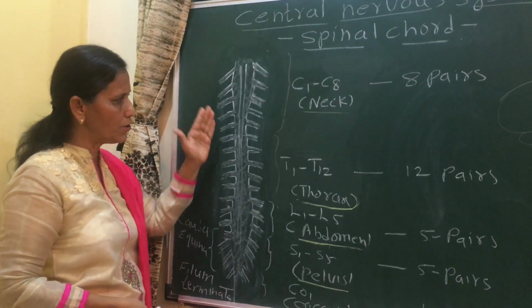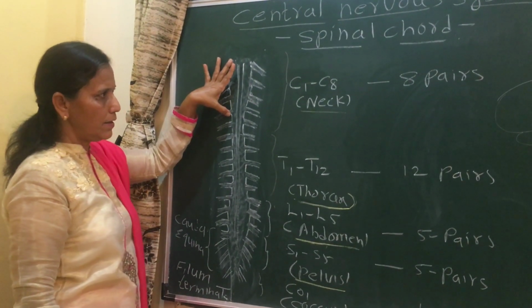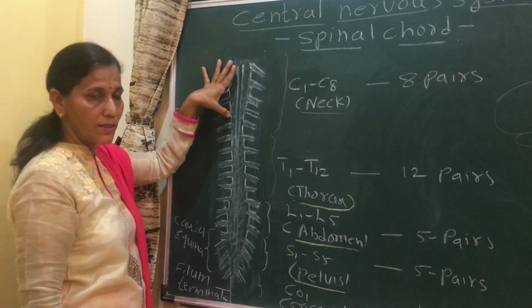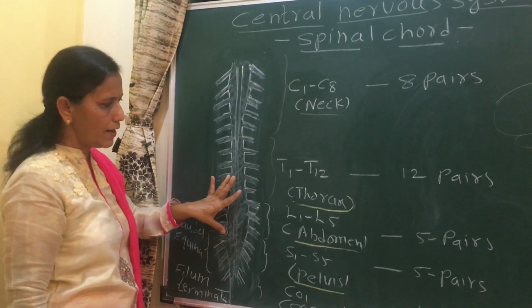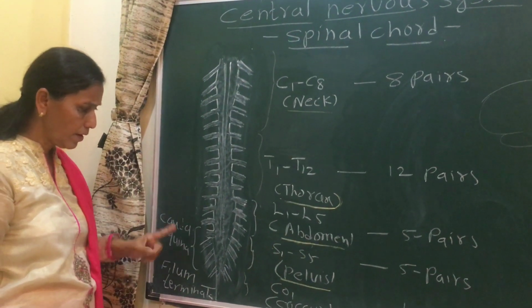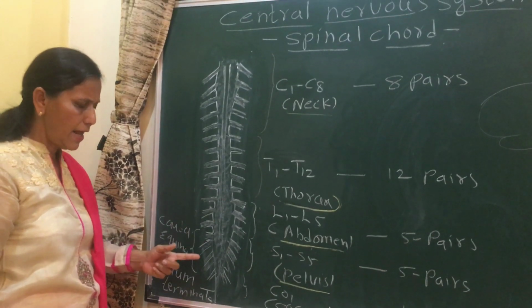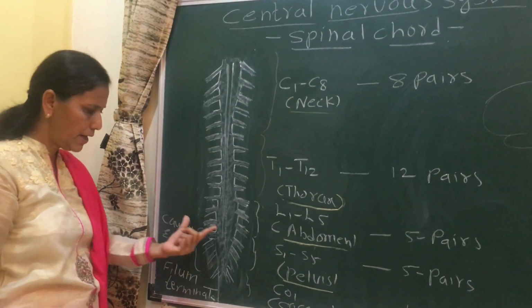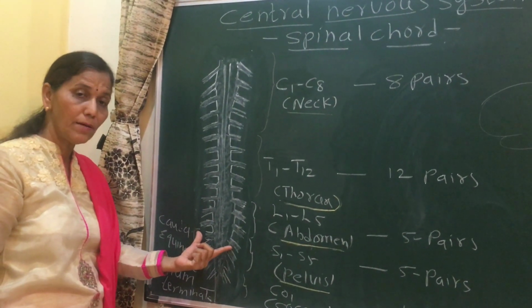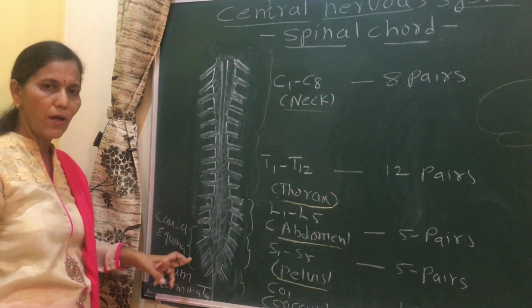Our spinal cord shows two swellings. This is the swelling in the cervical region called the cervical swelling, and the second one is the lumbar one. Then posteriorly it tapers and resembles a horse tail, and that part is called cauda equina.